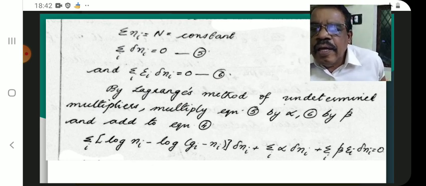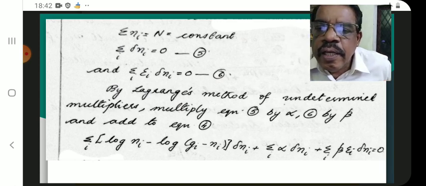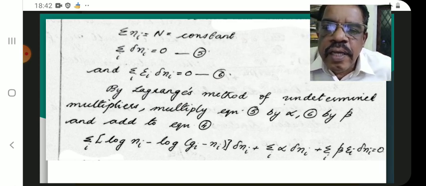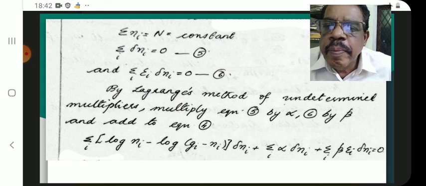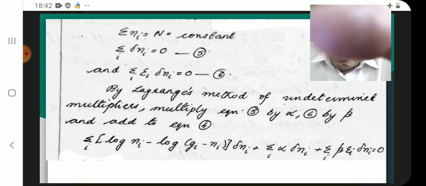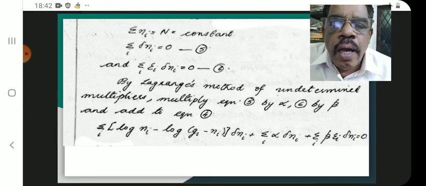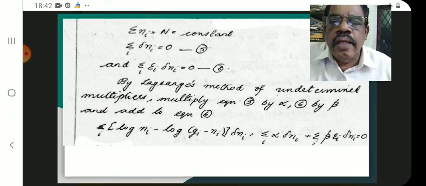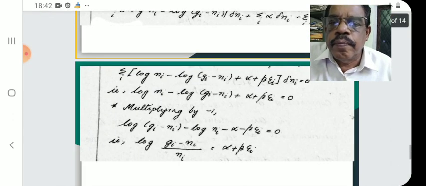That is sigma i [log ni minus log (gi minus ni) minus ni] delta ni plus sigma i alpha delta ni minus sigma i beta epsilon i delta ni is equal to 0.